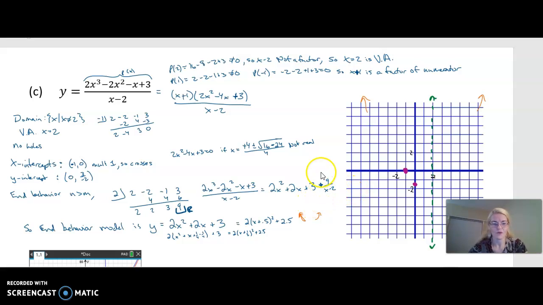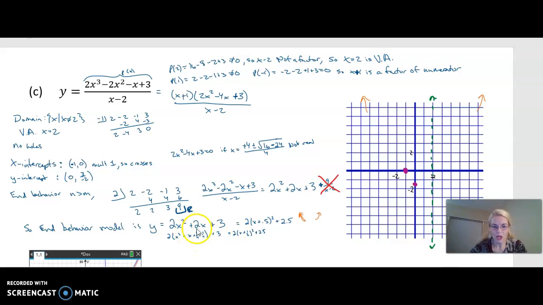But again, when I'm getting the end behavior model, the remainder does not matter. I just ignore it. And so y equals 2x squared plus 2x plus 3 is my asymptotic parabola, which means that whatever's happening as x goes to positive infinity and x goes to negative infinity, my graph is going to look like this parabola here, right?